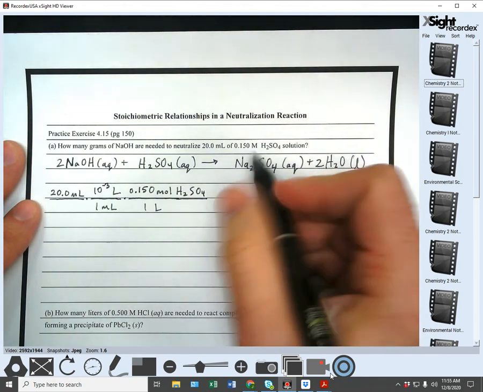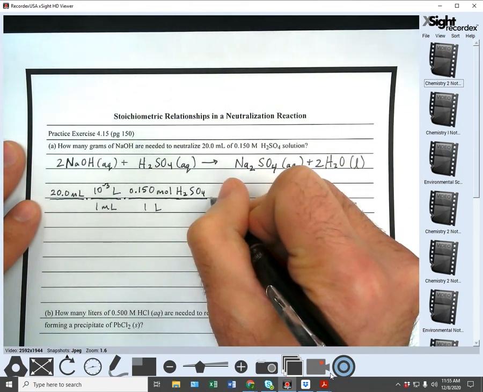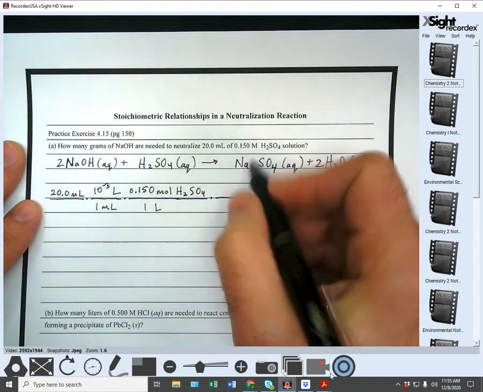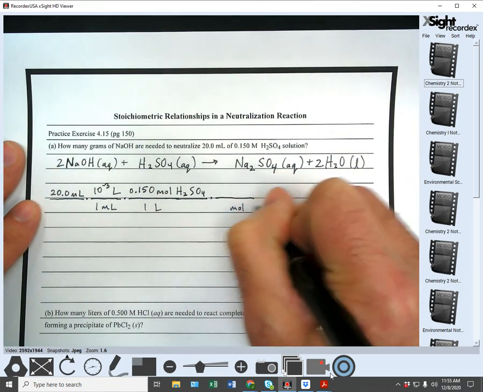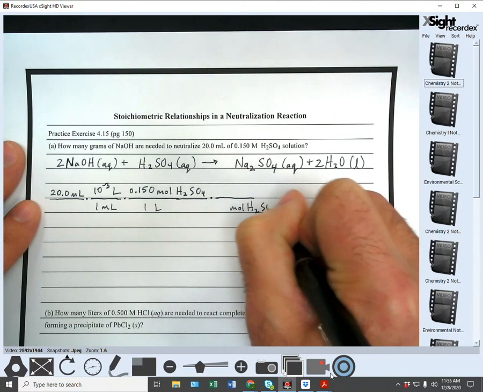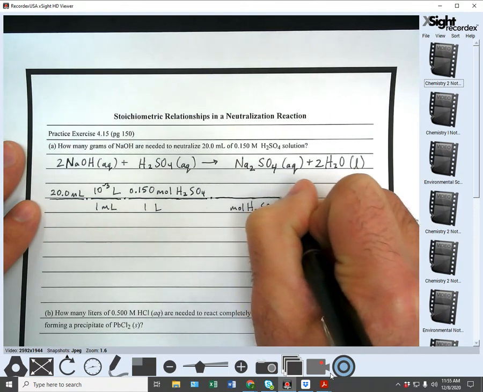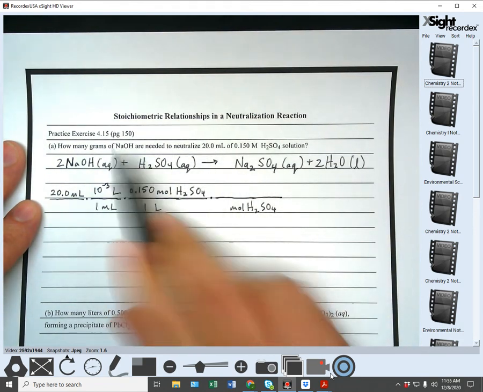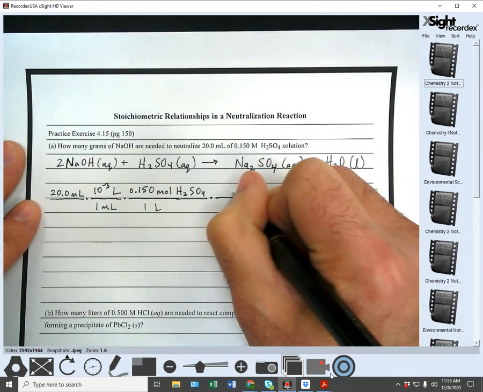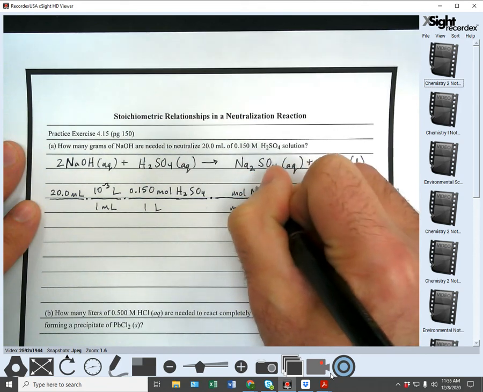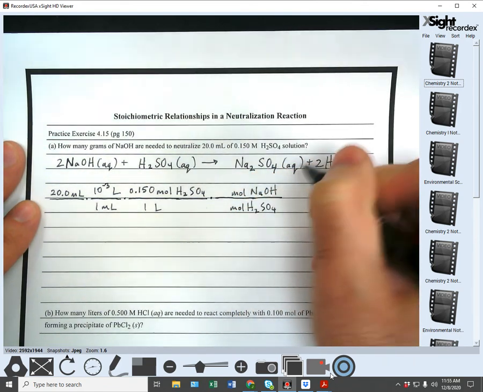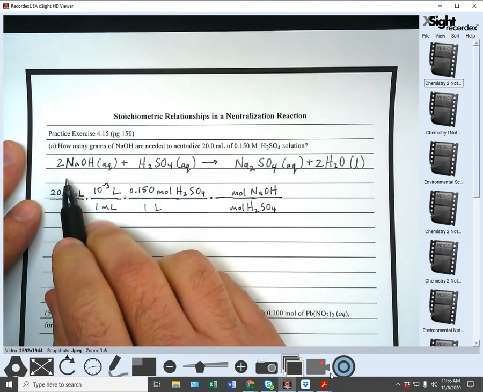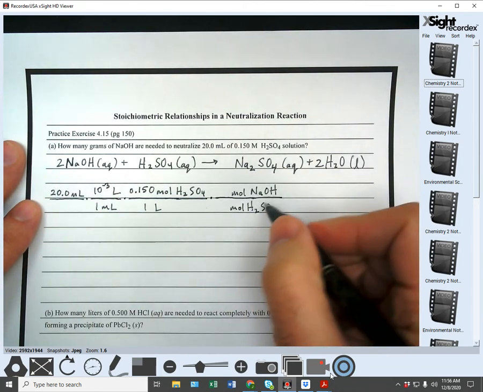Okay. Now I can convert, and I can go from moles of H2SO4 to moles of NaOH. This is the stoichiometric ratio, right? So the coefficients.